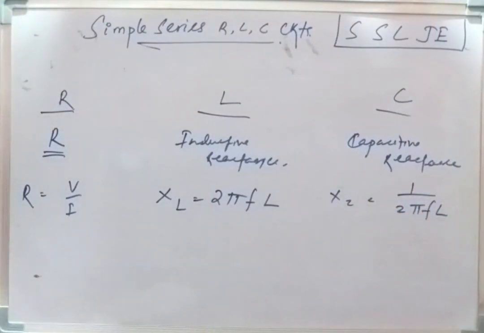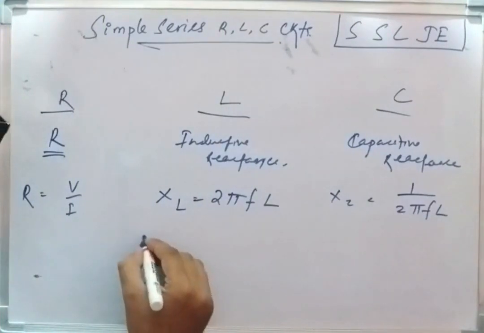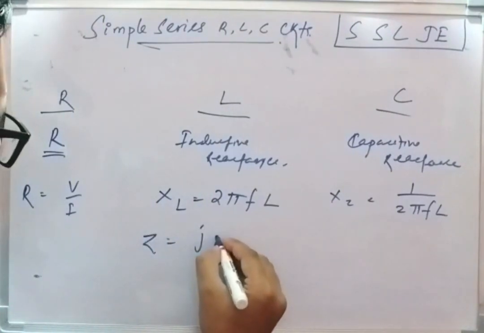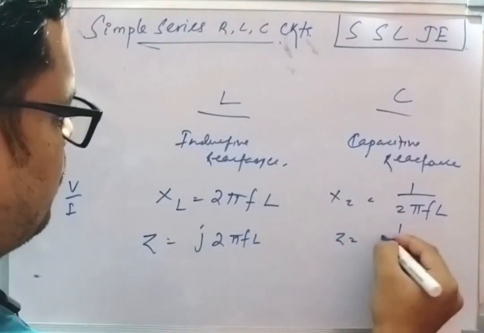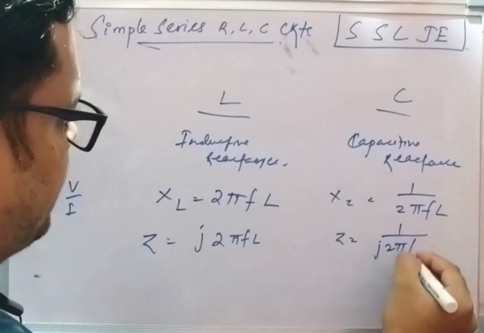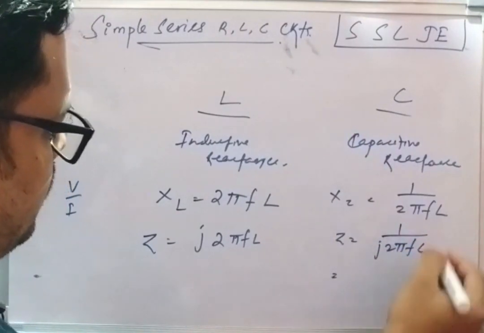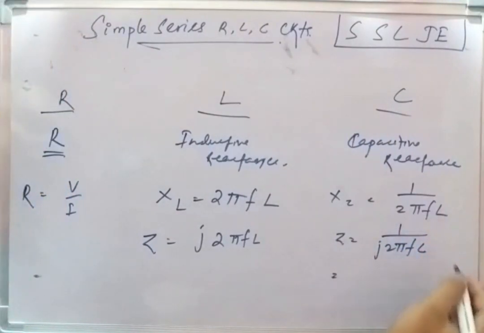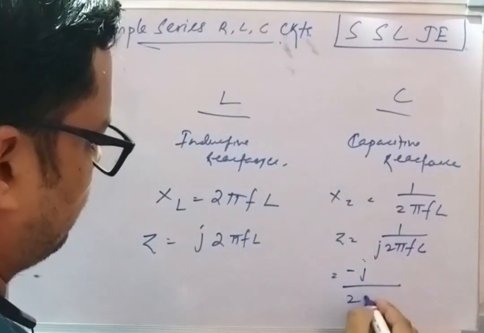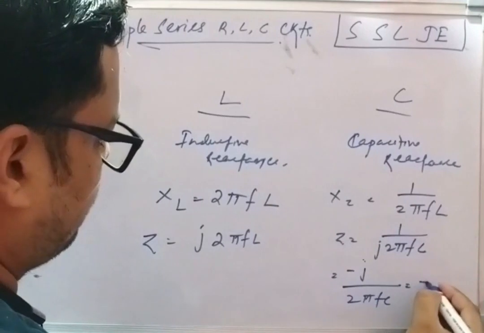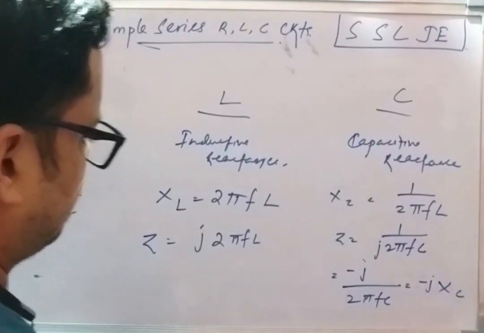Okay, if you write it in complex form, here Z equals J 2 pi FL, and here Z equals 1 by J 2 pi FC, or if we multiply J in the numerator and the denominator, we get minus J divided by 2 pi FC, or minus J into XC.